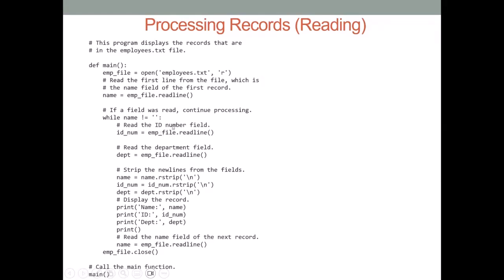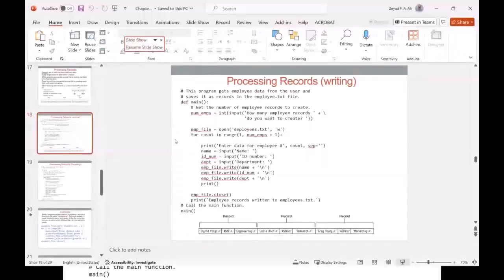Is the first line the name? So is the first field the name? Yes. So while name is not equal to this, do this. But inside the loop now, you read a line, you read the next, you read the next. So next time you come to read the next name, if there is no name, it's the end of what? Do you get this?